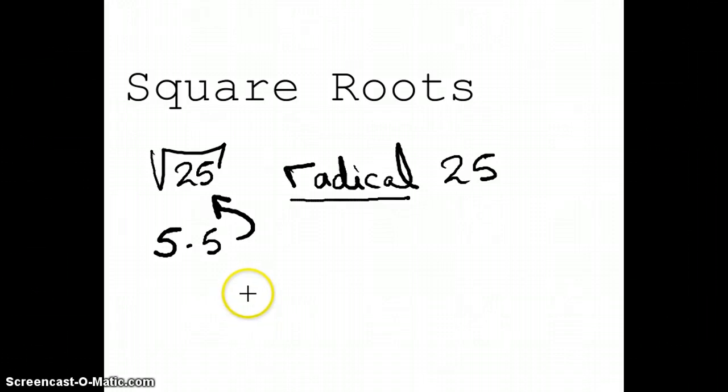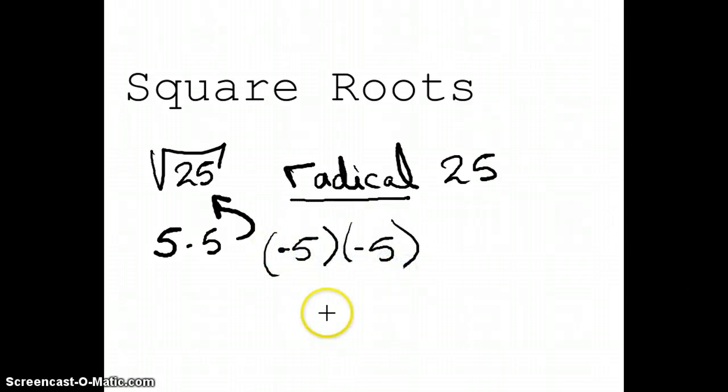Pause the video and think about it. How many of you came up with negative 5 times negative 5? Negative 5 times negative 5 does equal 25, and it's multiplying by itself. So the square root of 25 could be a positive 5 or a negative 5.